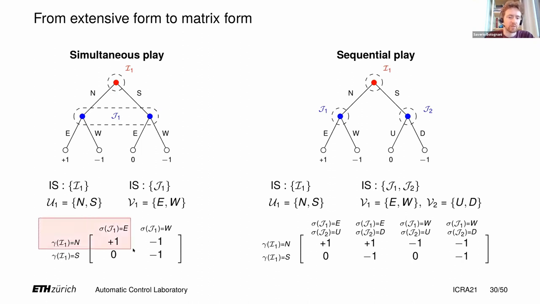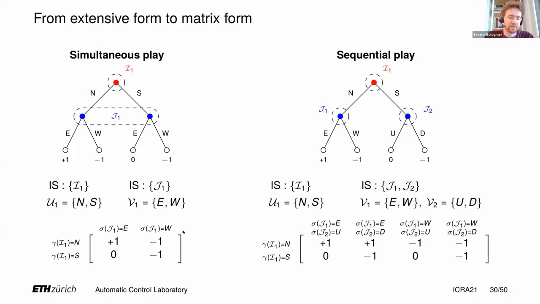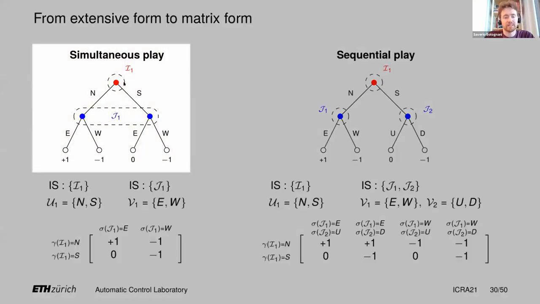So the matrix that we used to see before, right, when you have two actions for player one, north and south, two actions for player two, east or west, in a simultaneous play, so they have to make the decision at the same time, can also be represented as a tree, where player one picks first and player two decides second, but player two doesn't know whether player one has picked north or south. So for all purposes, this is the same as a simultaneous play. Okay, so the extensive form is a larger set of games than the matrix form, right, or the static games.